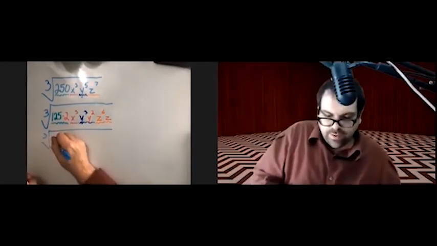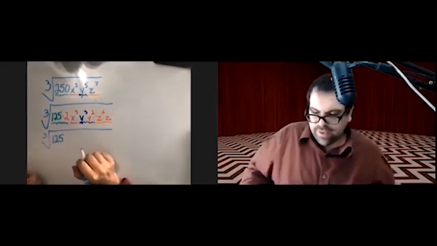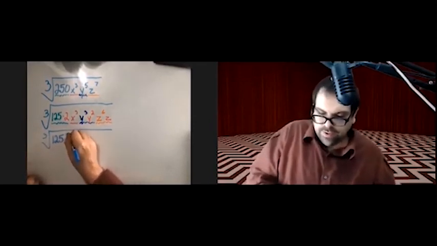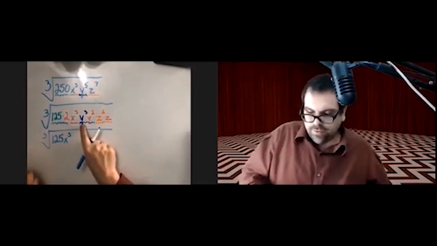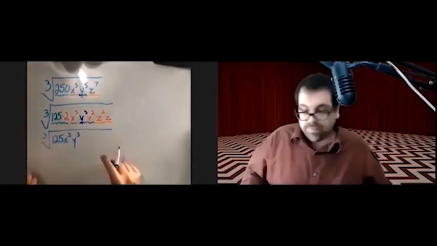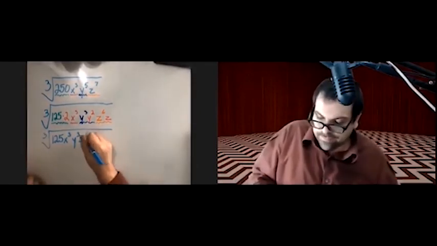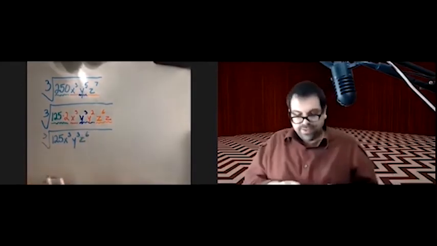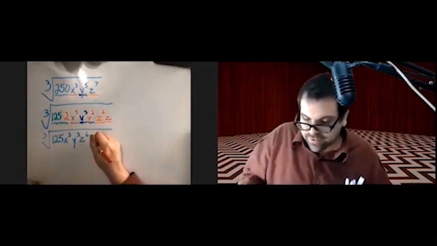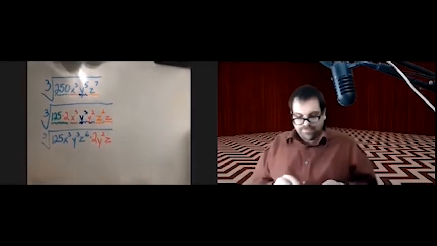That's the 125, the x cubed, the y cubed, and the z to the 6th. Those are our perfect cube pieces. And then the things in red, those were our leftover pieces: the 2, the y squared, and the z.